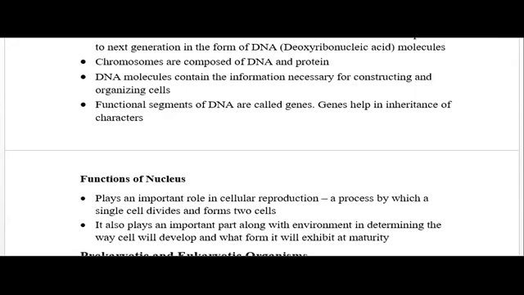After reproduction, when a new cell is formed, suppose a child from the father's genes and the mother's genes, when the zygote is formed, the nucleus helps in determining what form the zygote will develop, what characters it will have, and what characters it will exhibit at the time of maturity. All these are shown by the nucleus.